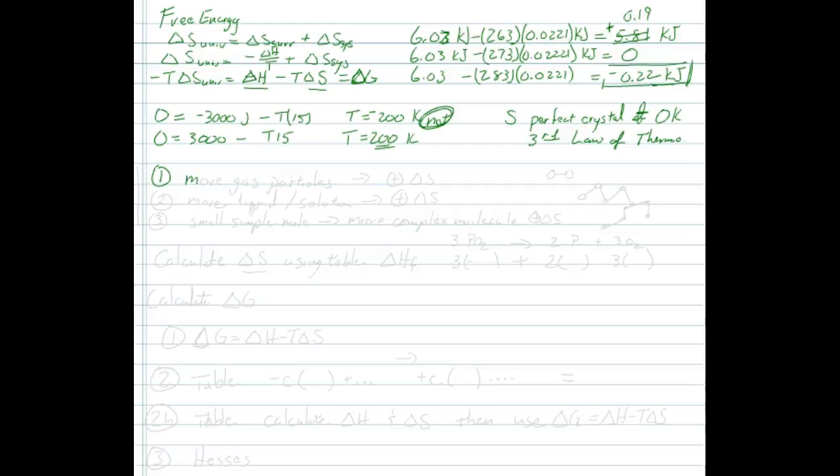If a chemical reaction produces more gas particles, that means add the coefficients of all the gas particles, then you're going to have a positive delta S. If you produce fewer gas particles, you're going to have a negative delta S. If that's the same in all cases, then you go to more liquid or solution.